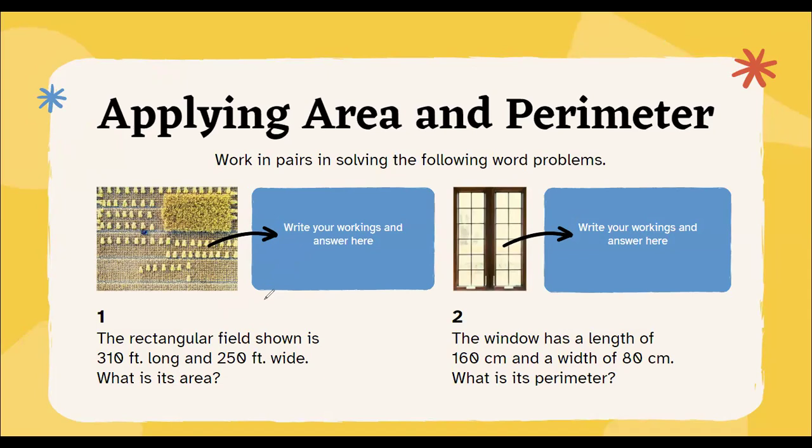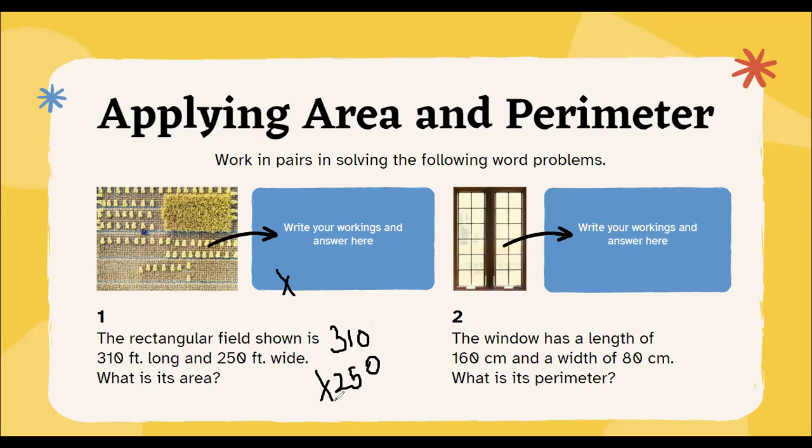The first one is: the rectangular field shown is 310 feet long and 250 feet wide. What is its area? In the area, what we do, we multiply, right? So if you multiply 310 by 250, what shall be the answer?